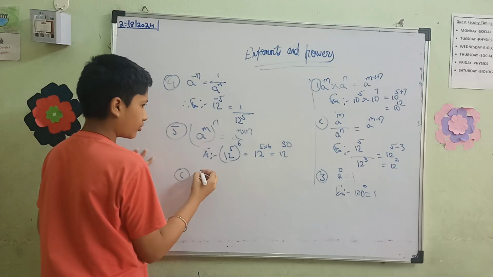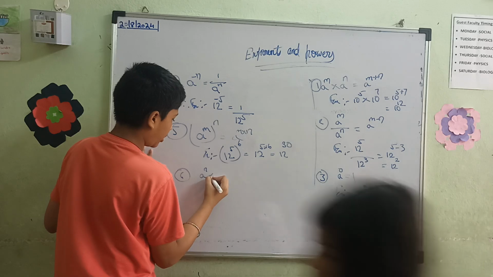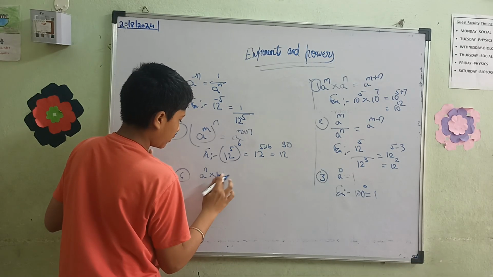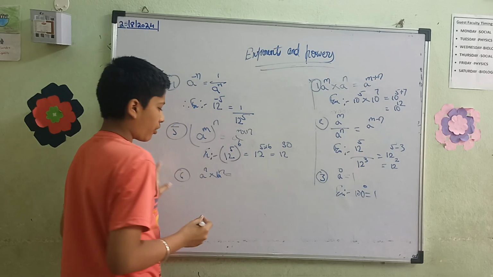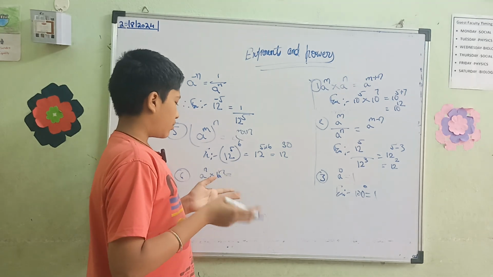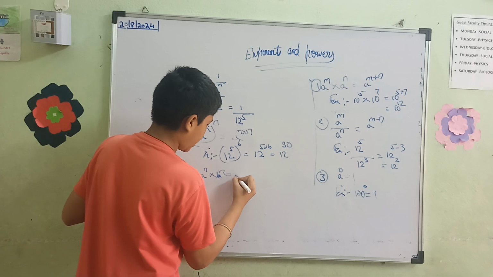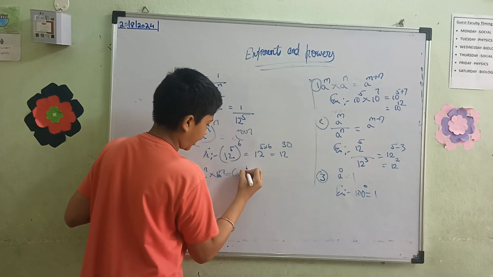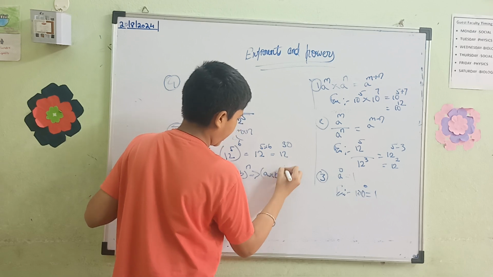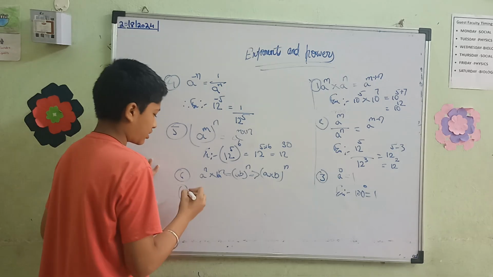Sixth law, a to the power n into b to the power n. When both terms' exponents are the same and both terms' bases are not the same, then we can write that as a into b whole to the power n.